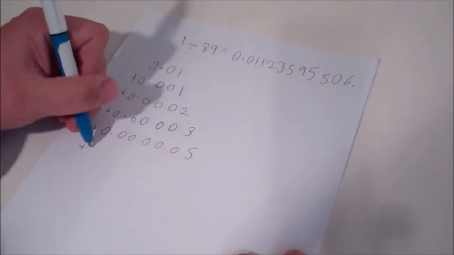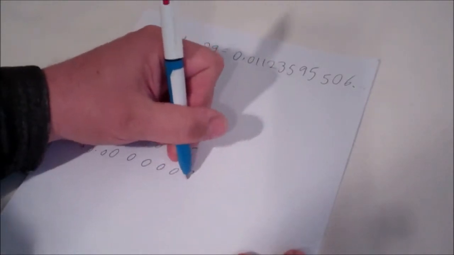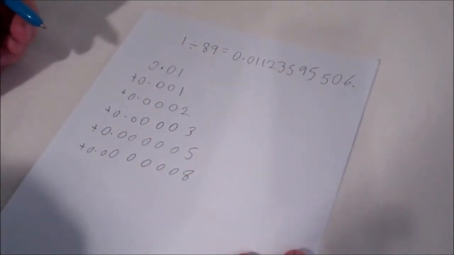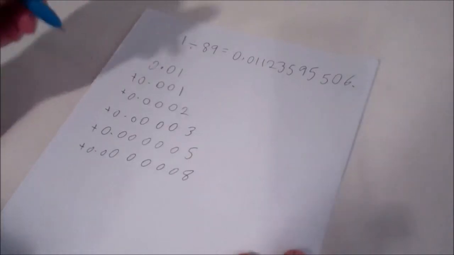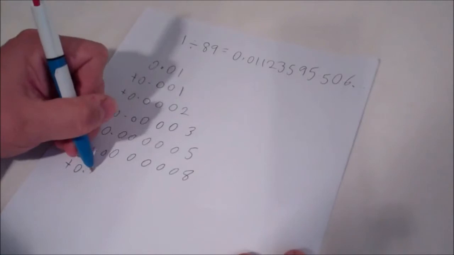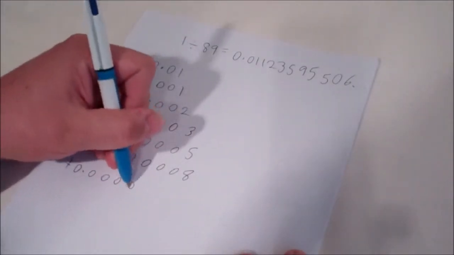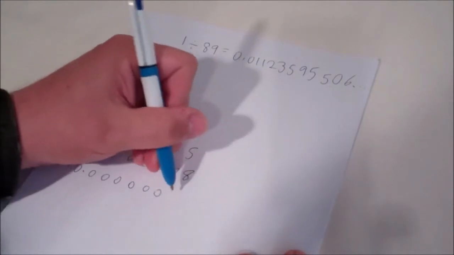Then I'll put a 5 on the next place. And I'm going to put that many zeros and an 8 on the next. How many zeros is that? 1, 2, 3, 4, 5, 6 zeros after the decimal place. Now I'm in trouble. What do I do now?